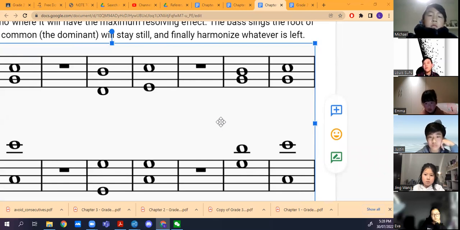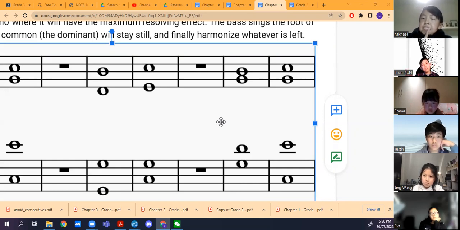Consecutive seconds and sevenths, I don't really know where you'd come across that, but generally they don't sound very nice. Perfect fourths, so consecutive fourths, you have to be careful with, because remember that a fourth inverted is a fifth. So in some cases, a perfect fourth does sound like a perfect fifth.